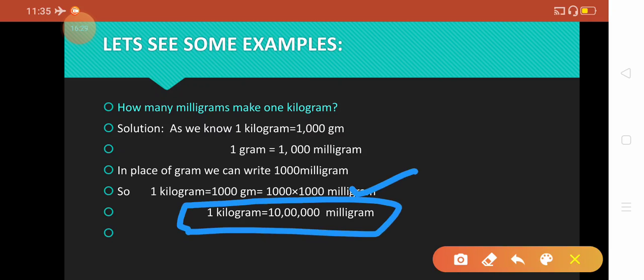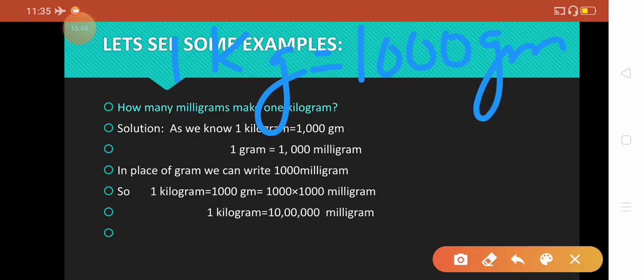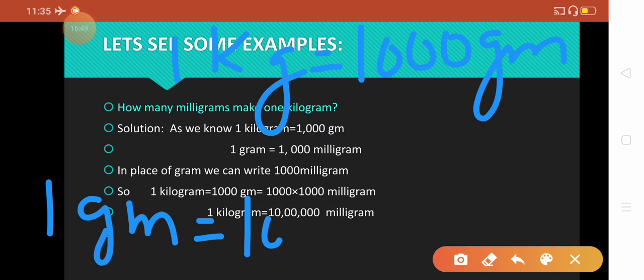Understand? First of all, what will you have to do? First of all, you will write the largest value. So the larger one is kilogram. So we will write 1 kilogram is equal to 1000 gram. And the next thing that you know is 1 gram is equal to 1000 milligram.